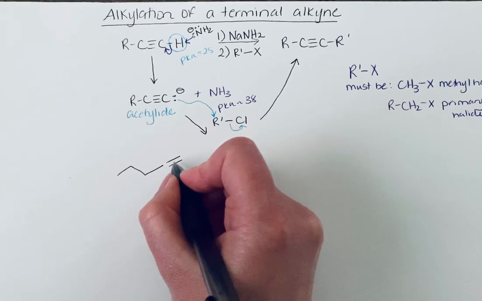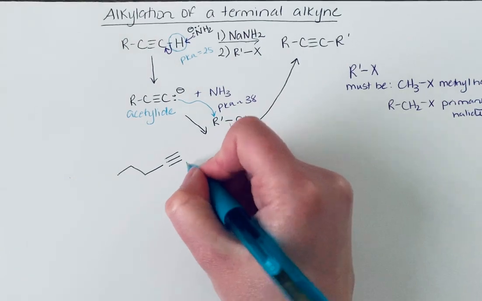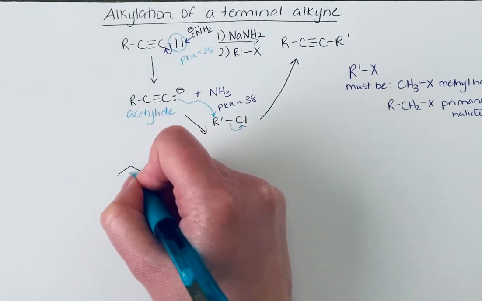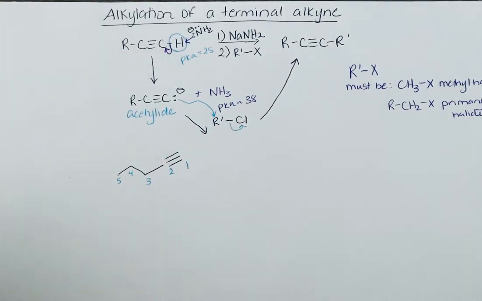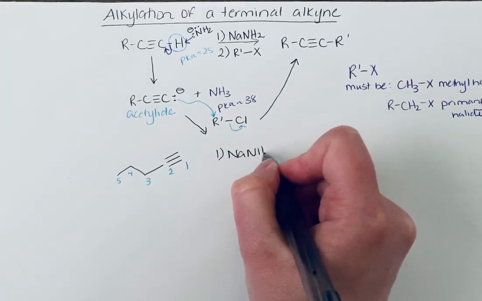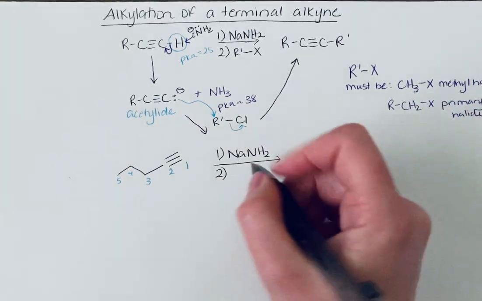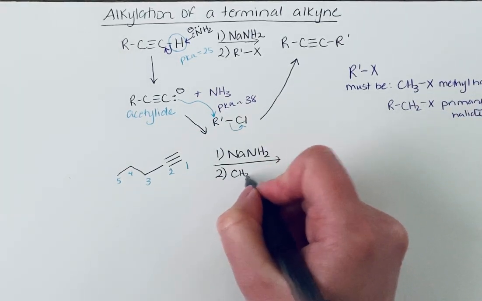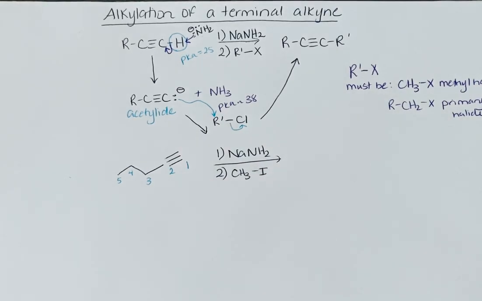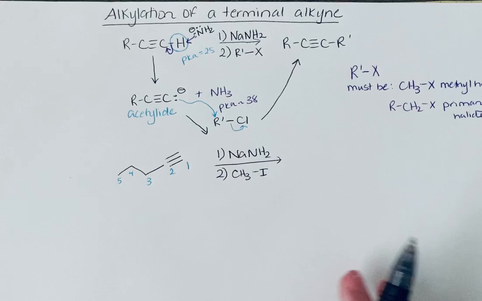If I start with this terminal alkyne, I have 1, 2, 3, 4, 5 carbon atoms. And if I treat this first with sodium amide, and then I use a methyl halide, such as methyl iodide, I will end up adding the methyl group to carbon 1.